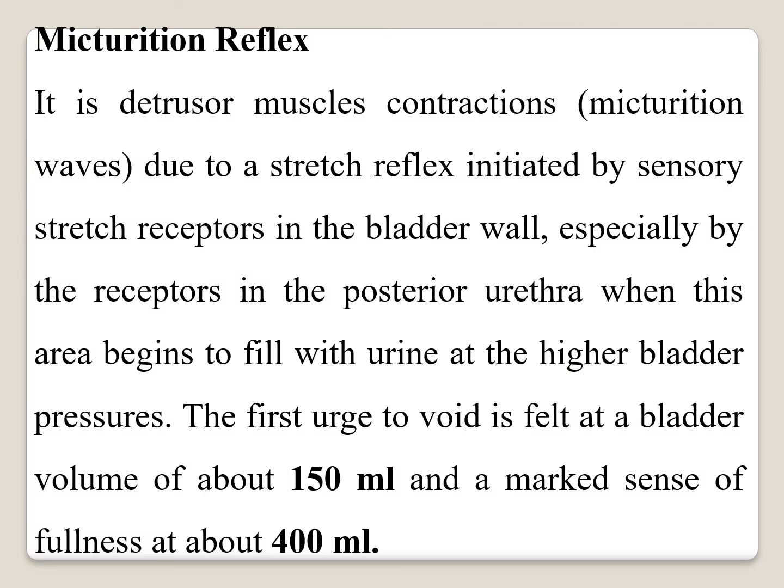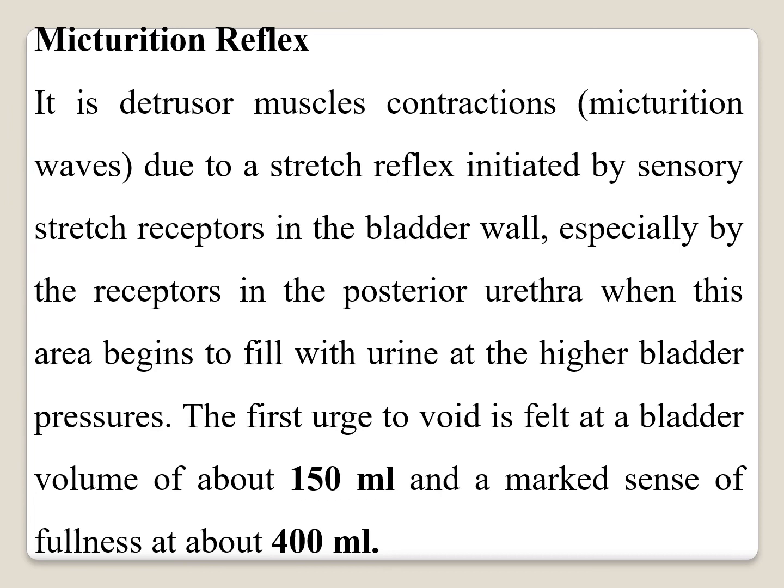What is the micturition reflex? It is the contraction of the detrusor muscle, and the micturition wave occurs due to a stretch reflex which is initiated by the sensory stretch receptors in the bladder wall, especially, as we said, and the receptors at the posterior urethra when this area begins to fill with urine at the higher bladder pressure.